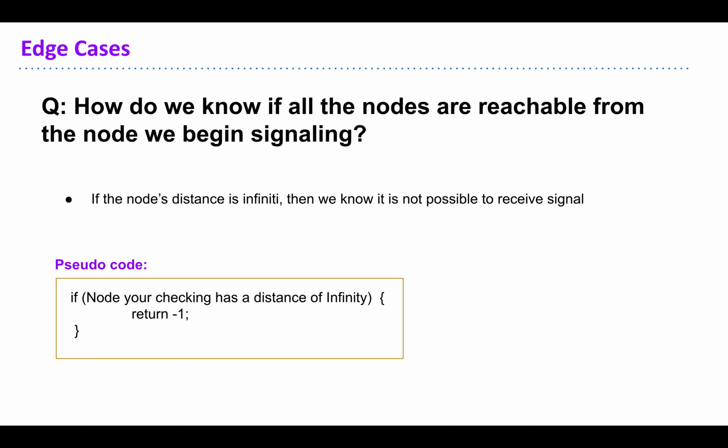We will have to go through some kind of data structure anyway, at least O(n), to figure out the maximum time among those nodes. While we are looping through, if the node you're checking has a distance of infinity, then it hasn't been visited, so you can just immediately return -1. So we know how to do that.